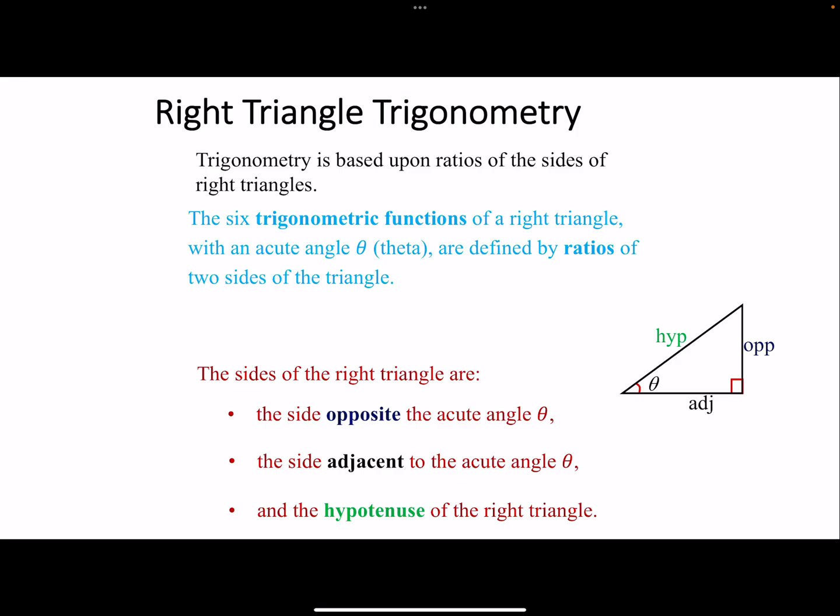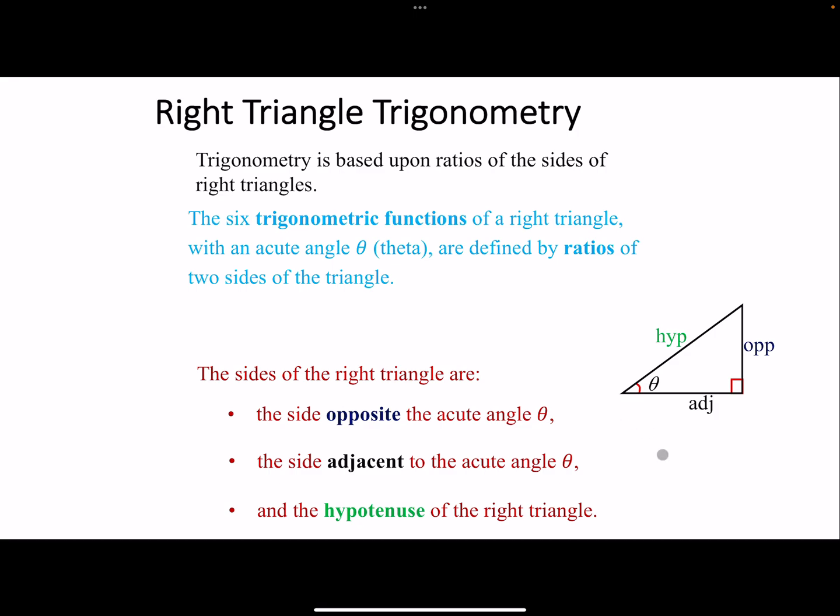So if I'm looking at a right triangle and thinking about trig, well, we know that trig is based on the ratios of the sides of right triangles. And as I explained earlier, there are 6 trig functions for any right triangle that are based on an angle that we're focusing on. Now, the angle that we're focusing on is usually not the right angle.